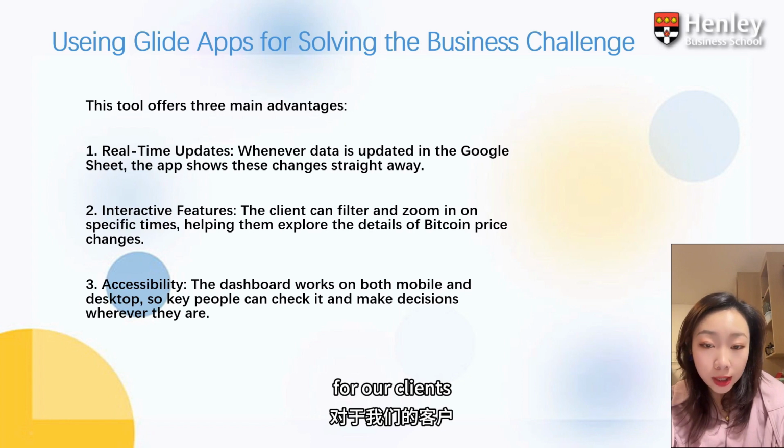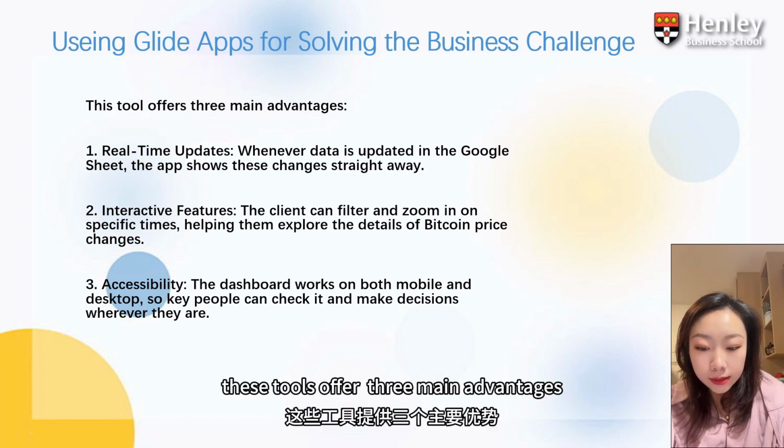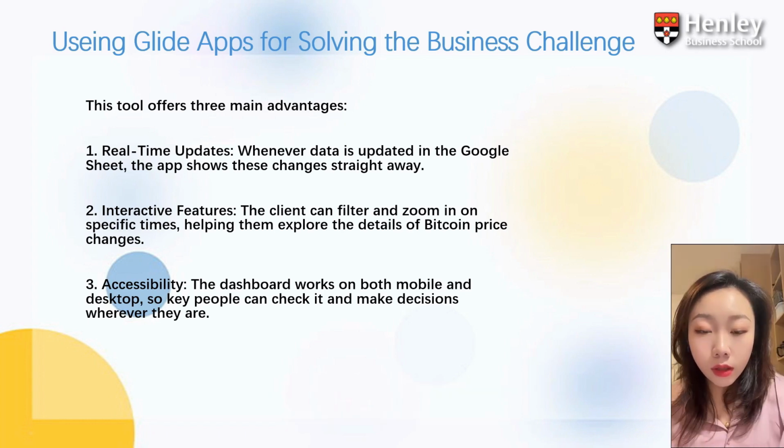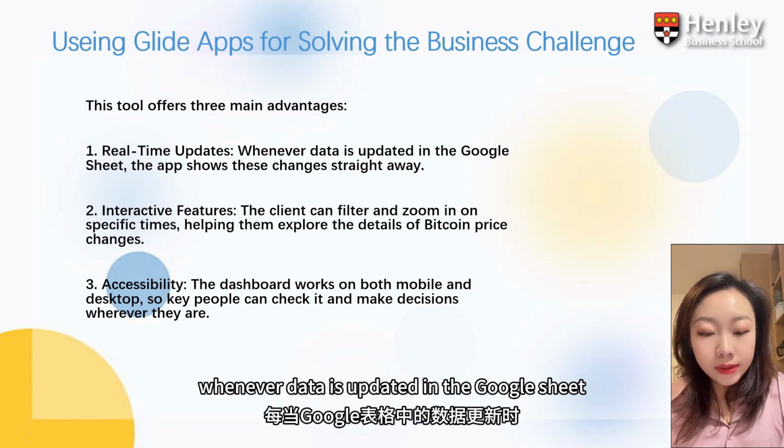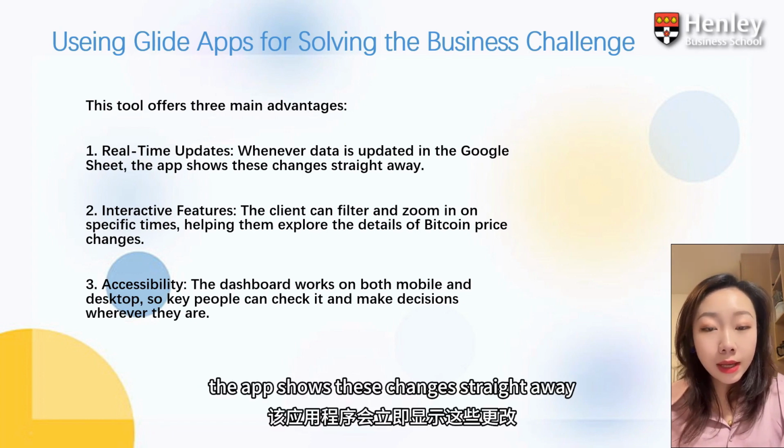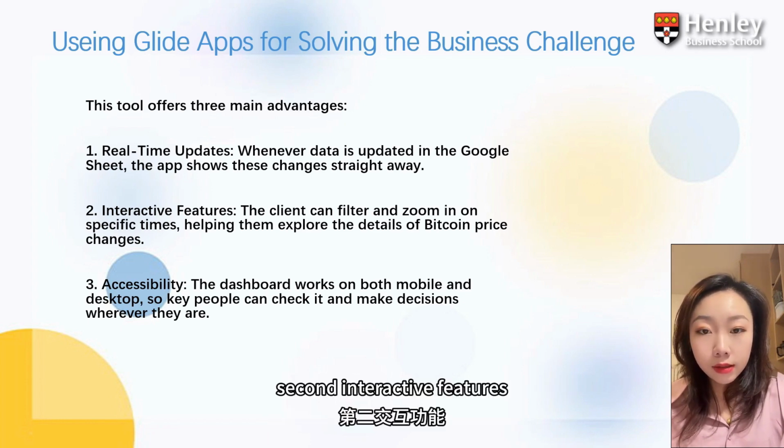For our clients, these tools offer three main advantages. First, real-time updates. Whenever data is updated in the Google Sheet, the app shows these changes straight away. Second, interactive features.